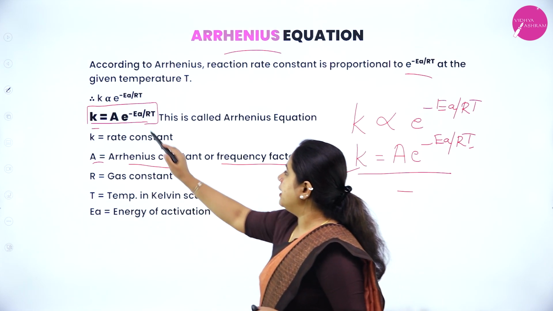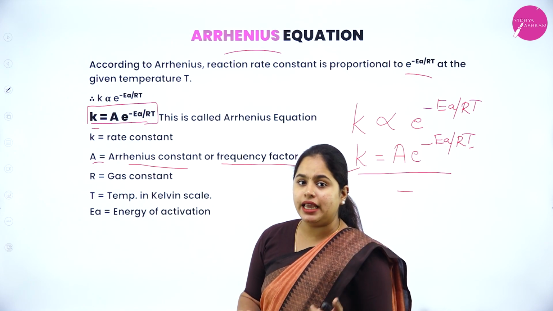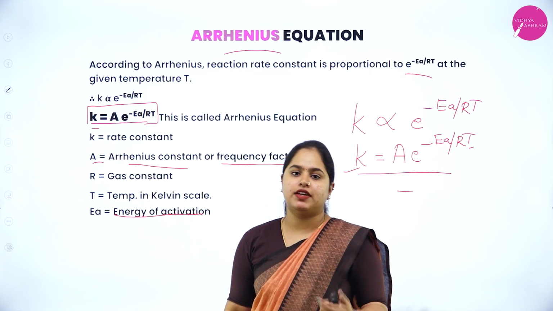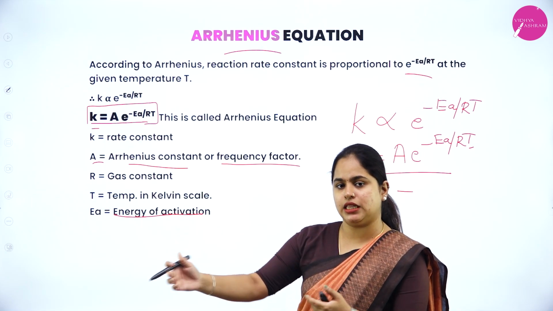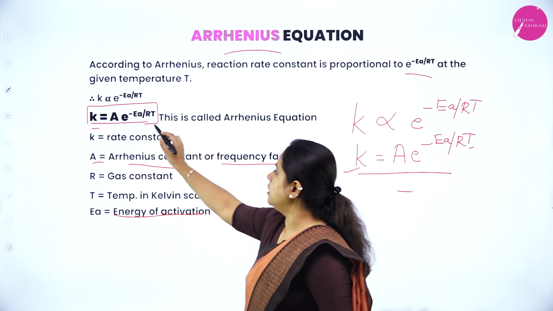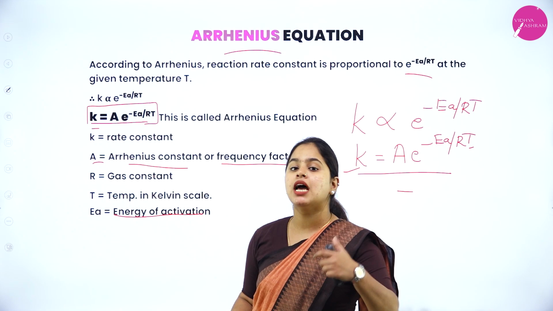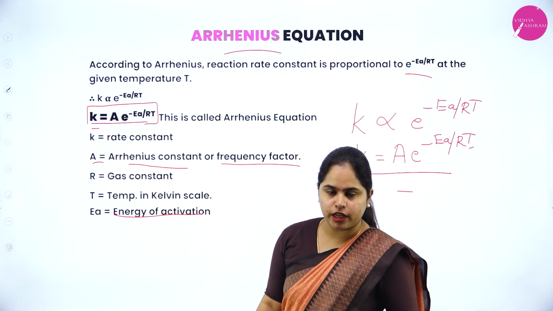Now e raised to minus Ea. What is Ea? Ea is the energy of activation, or activation energy. What activation energy is, we'll study in the upcoming slide. As of now, Ea is the energy of activation. Now R and T are already familiar to you.